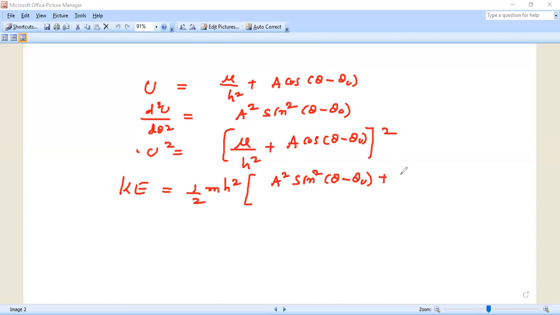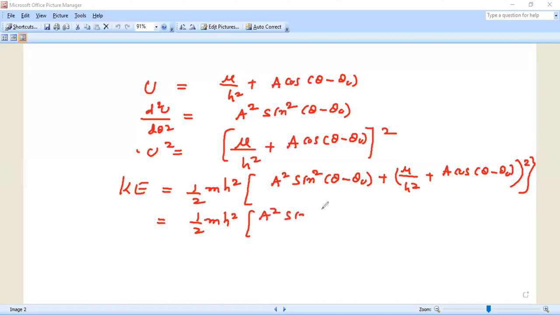So this is whole square, mu by h square plus a cos of theta minus theta naught whole square equal to half m h square into a square sine square theta minus theta naught.